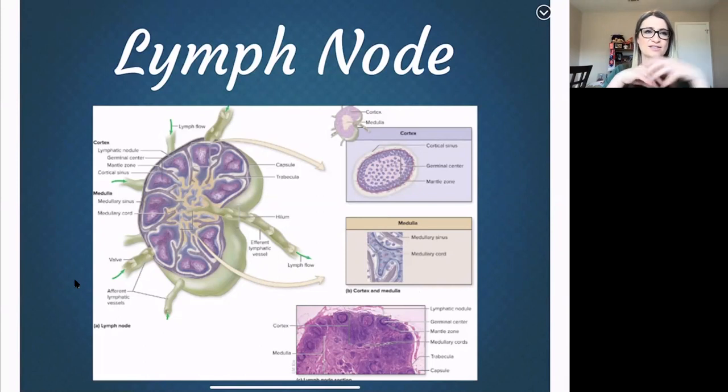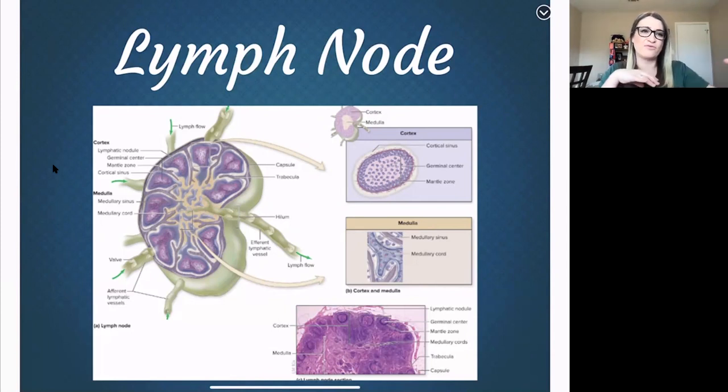You can see that there are several vessels attached to the lymph node on that outer curvature, right? And these vessels are bringing lymph to the lymph node. These are known as the afferent vessels, and I say afferent to make sure that you know that it begins with an A. These are going to bring lymph from various places into the lymph node.